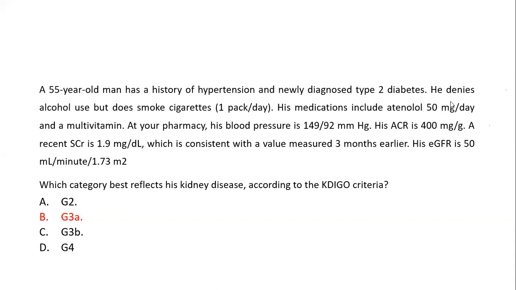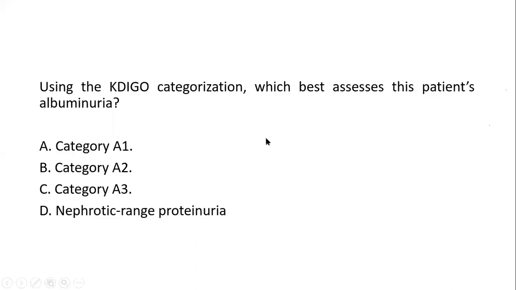His target is strict, 130/80. He is actually hypertensive right now, so he needs an antihypertensive also. And his albumin to creatinine ratio is more than 300, so he's actually a severe proteinuria case too. He needs a drug for proteinuria too, which on this basis would be the best option.